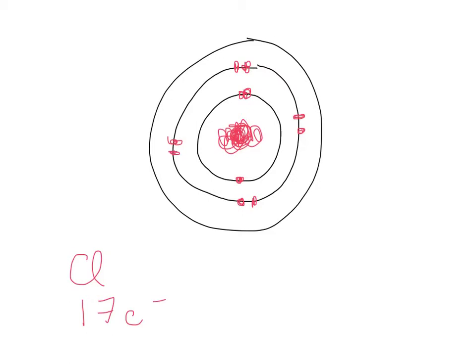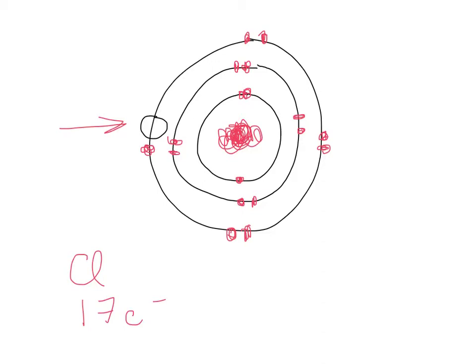Now we have a total of 10 electrons, so we need 7 more in the outermost, or valence, shell. If you look, in order for this atom to complete its valence electron shell, it's missing only 1. So it is most likely going to steal or share an electron from somebody else.